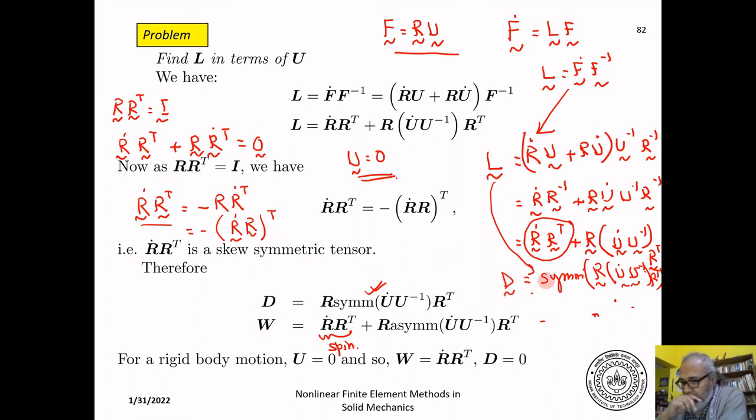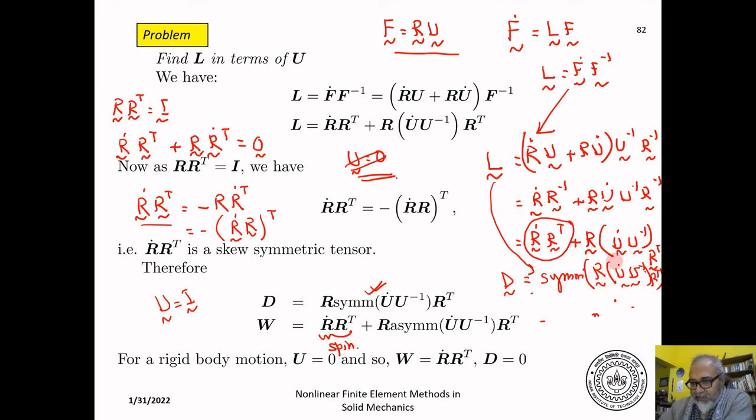Now, as you can see, if I have a pure rotation in which U is equal to I, in that case U dot is equal to 0 and the symmetric part is 0. So for a situation where there is no stretch, the stretch rate turns out to be 0.